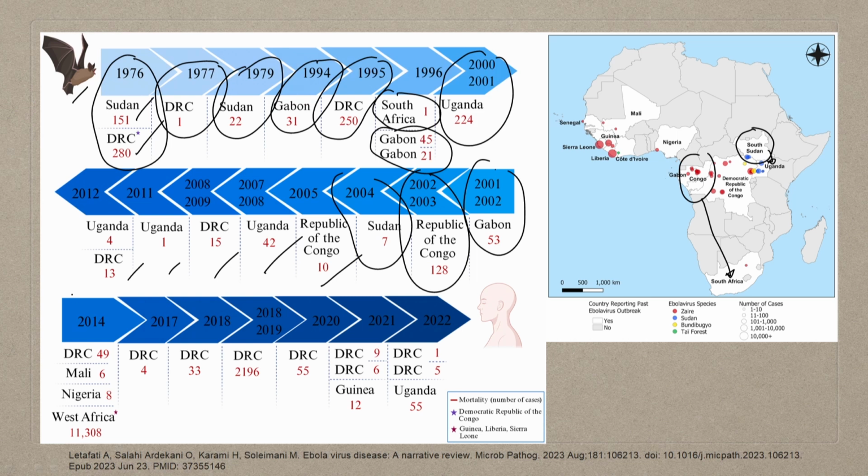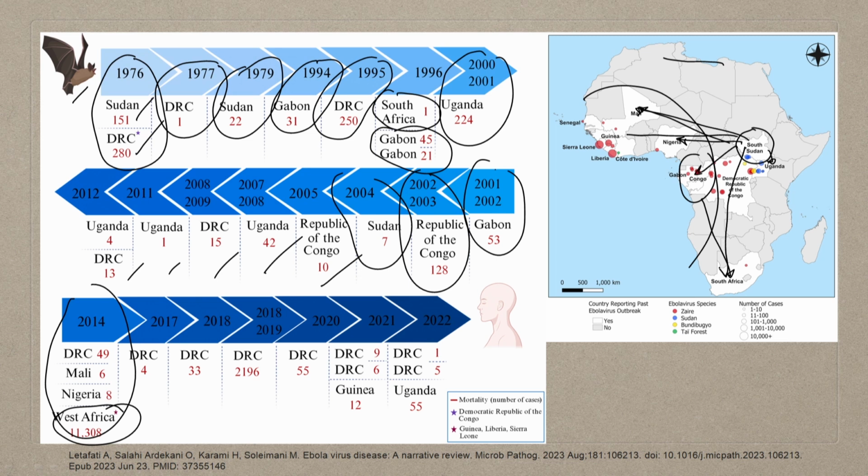It has been seen till 2014, at least in this report, in West Africa. Look at the amount of travel it has done. Mali, Nigeria. If you look at the map of Africa, you realize how it has spread from this corner to all these areas.